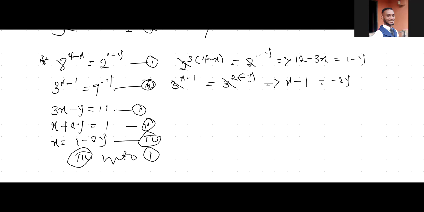So if I do that, I'm going to have 3x minus y equals 11. Then I can say 3 into what is x? x is 1 minus 2y, minus y, which equals 11. And I can have 3 minus 6y minus y equals 11.